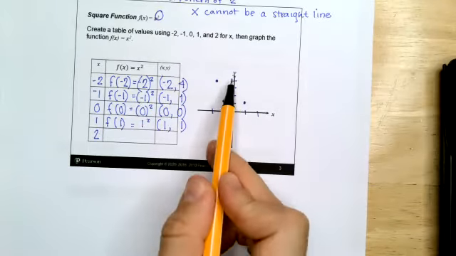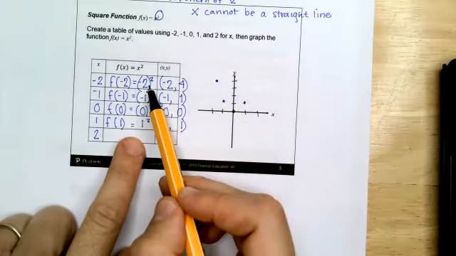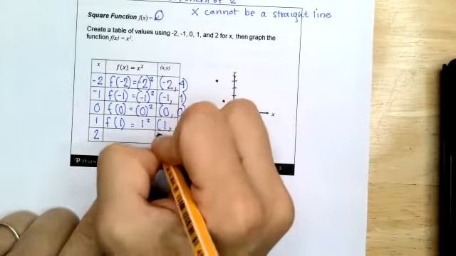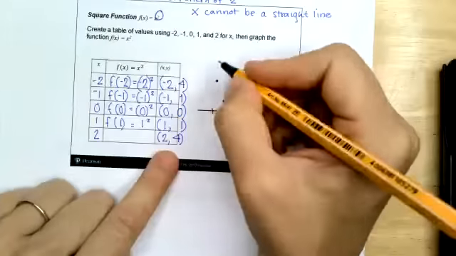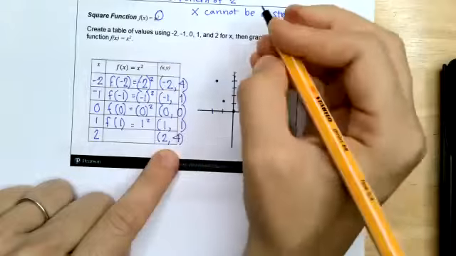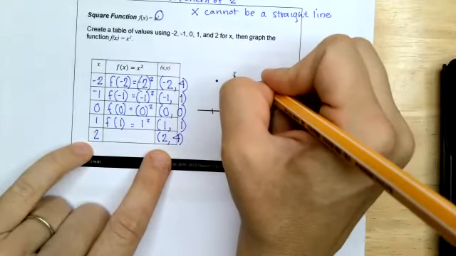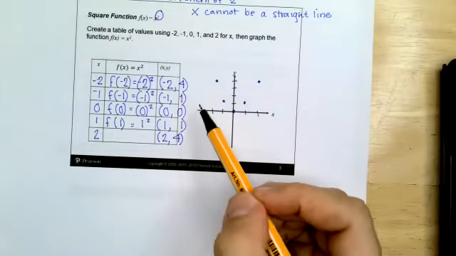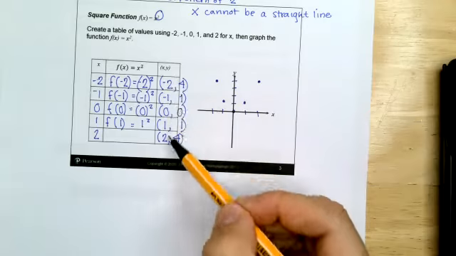So if you notice, I'm mirroring the numbers because -2 squared is going to give me the same answer as +2 squared. They're both going to be 4. So when my x is -2, my y is 4, and when my x is +2, my y is also 4. This is an example of a function where the y's repeat, and that's okay because the x's are not repeating.